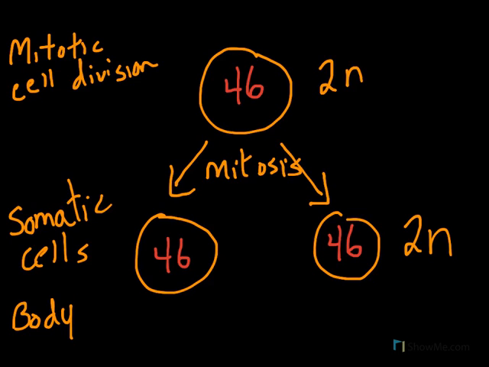So before the cell divides, it goes through this DNA replication during interphase, and then mitosis comes after interphase, and mitosis is a way of organizing the chromosomes and dividing the chromosomes up so that each cell has an exact copy.